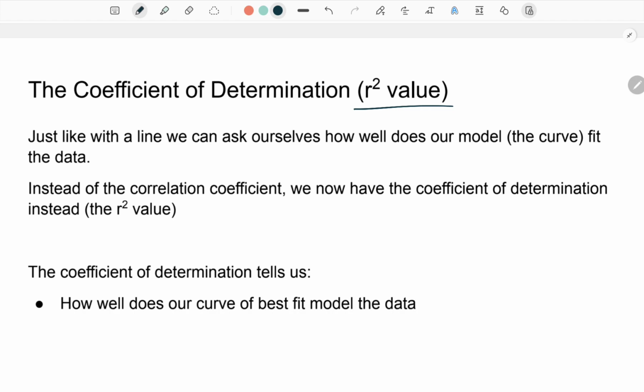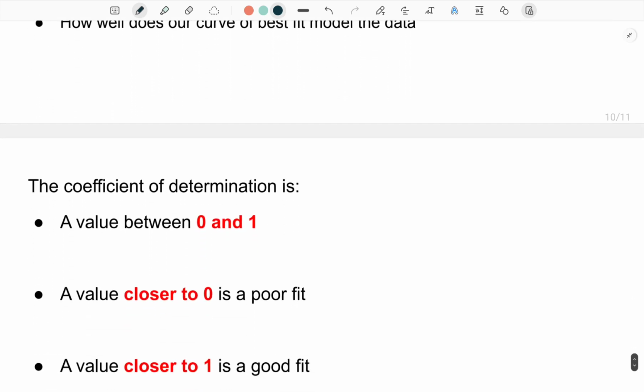Like with the line, we can ask ourselves, how well does our model fit the curve? And this number is going to tell us. It's a little less specific than the correlation coefficient because it doesn't mention anything about direction, because curves aren't necessarily always going in one direction. All it says is how well it fits.